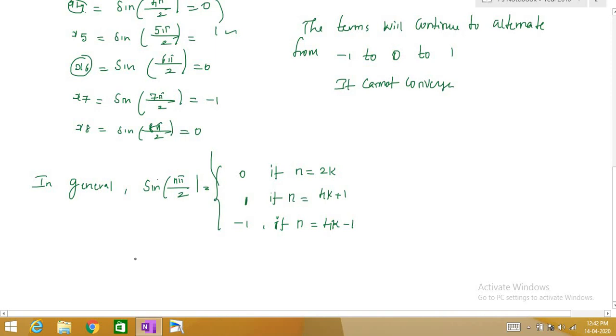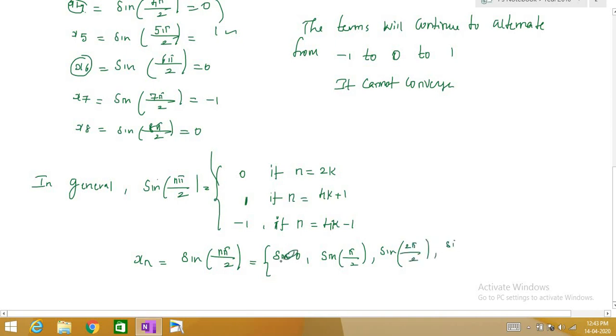Now what is our sequence? Our sequence x_n is sin(nπ/2), right? If I substitute n equal to 1, the first term is sin(π/2), and the second term will be sin(2π/2).